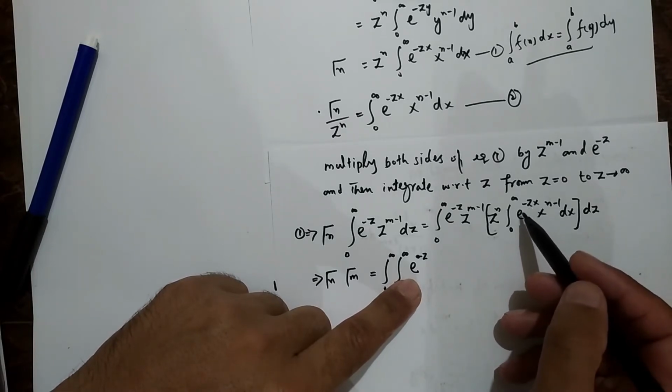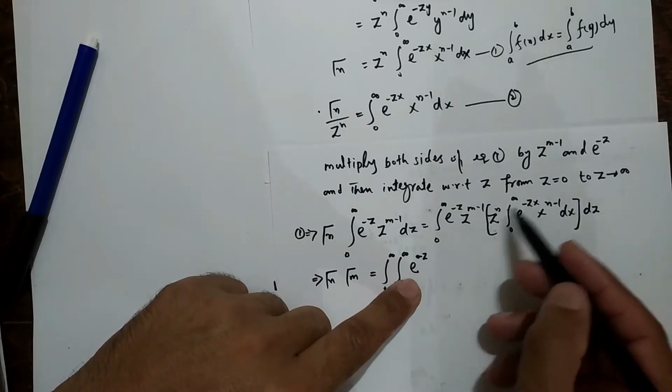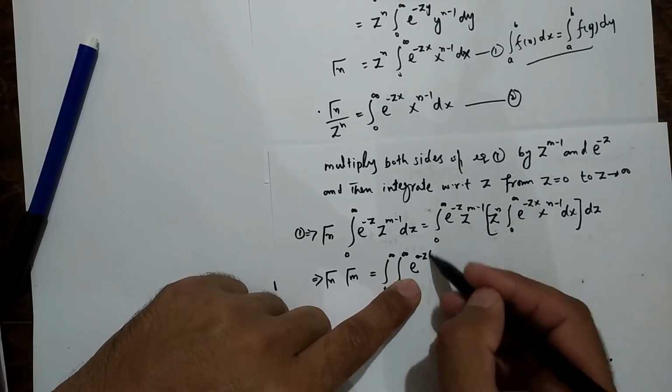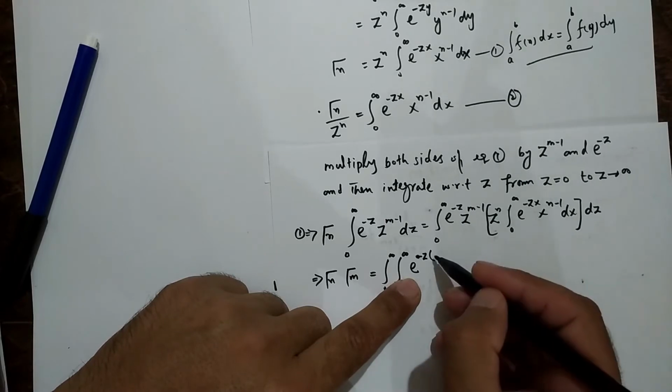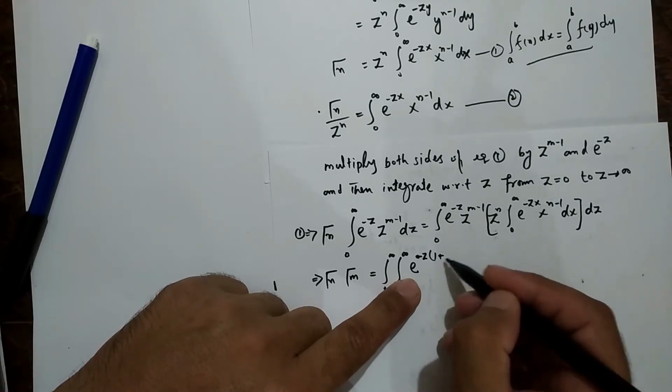So taking z out of here, this is 1 plus x.